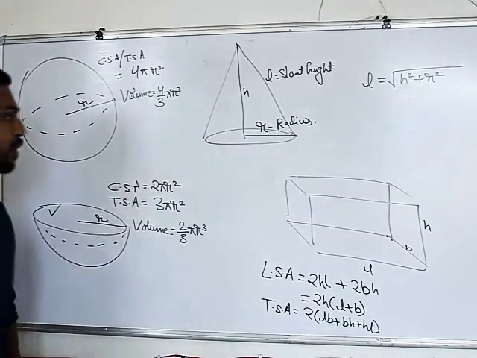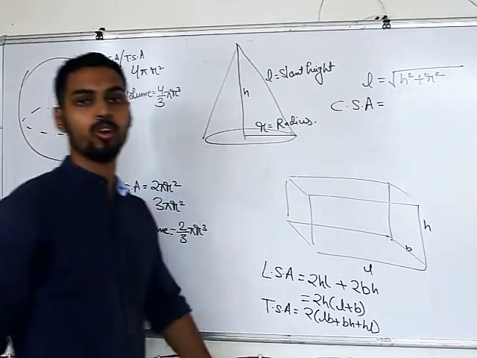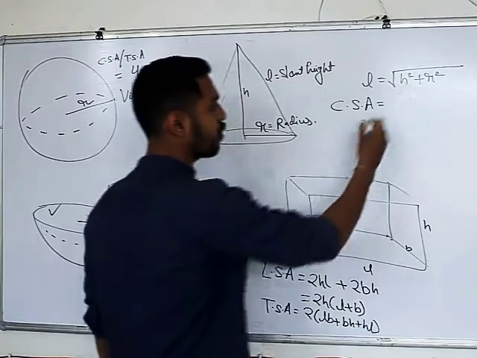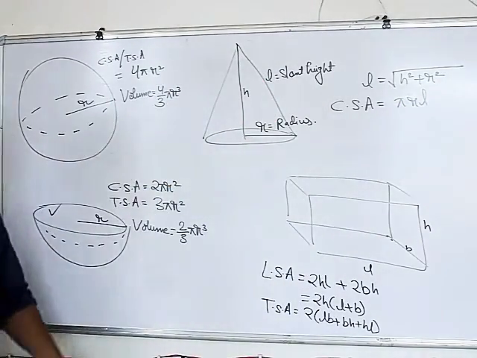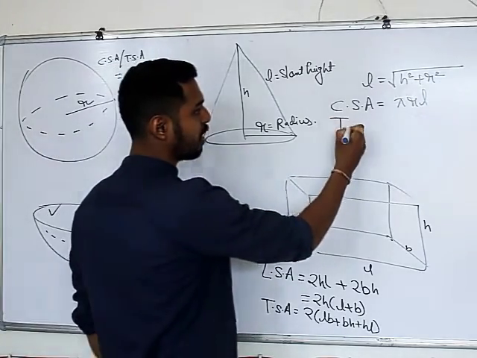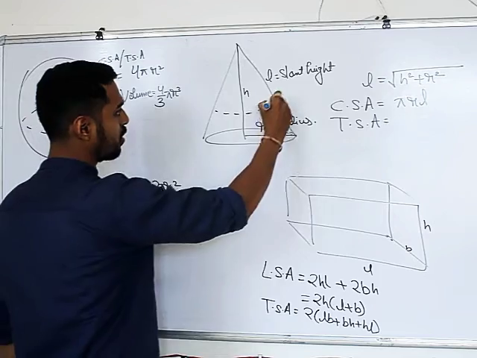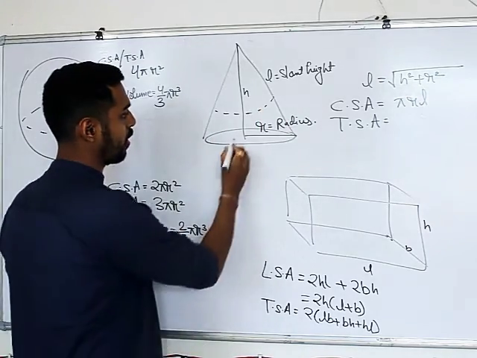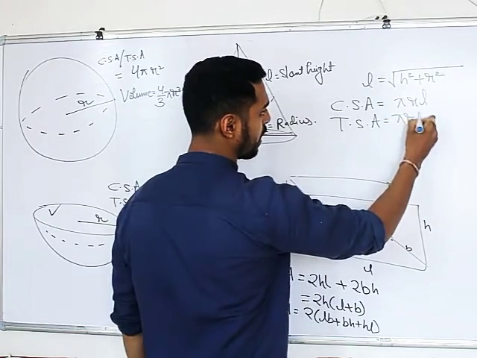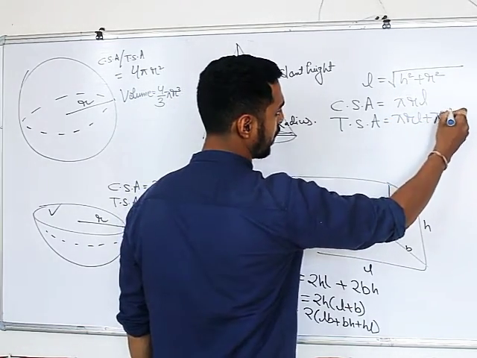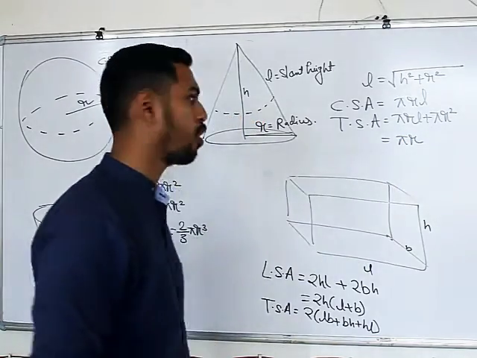Okay, now. So first of all, formula for slant height is equal to root of h square plus r square. Okay. Then for CSA, curved surface area of a cone will be pi r L. And total surface area of cone will be this portion plus this portion. So it will be pi r L plus pi r square. That means pi r will be taken as common.